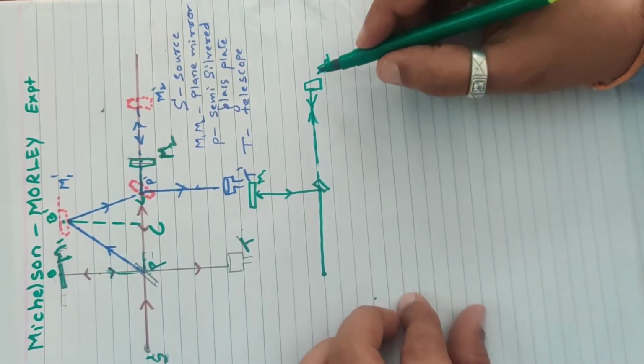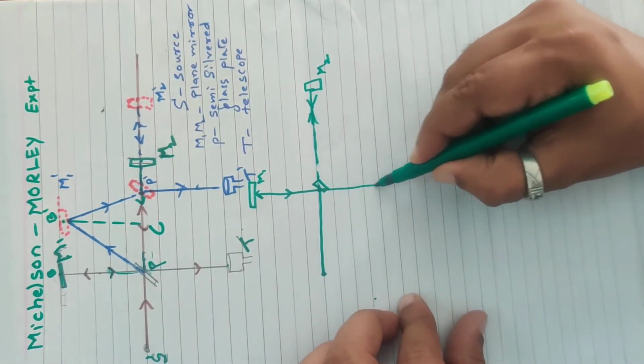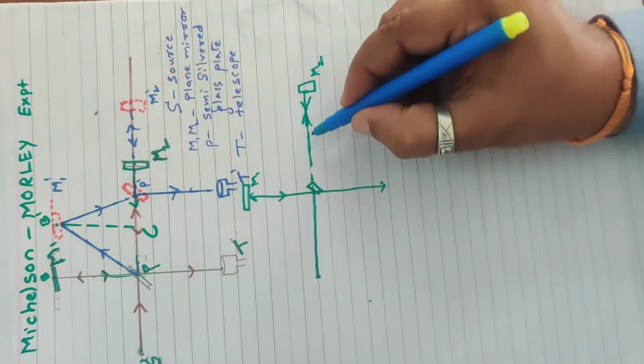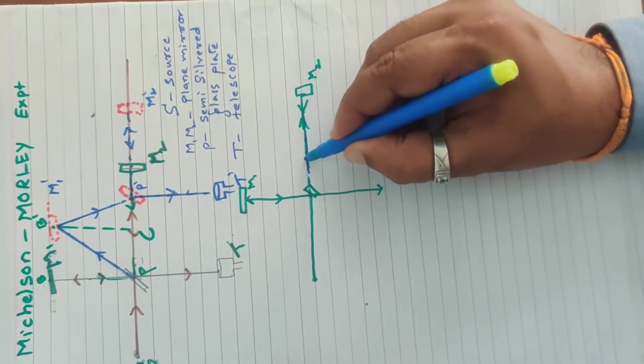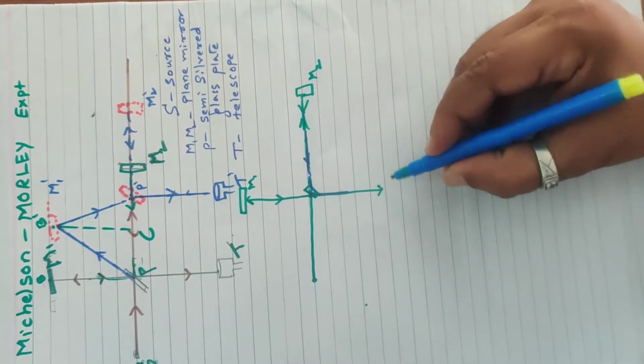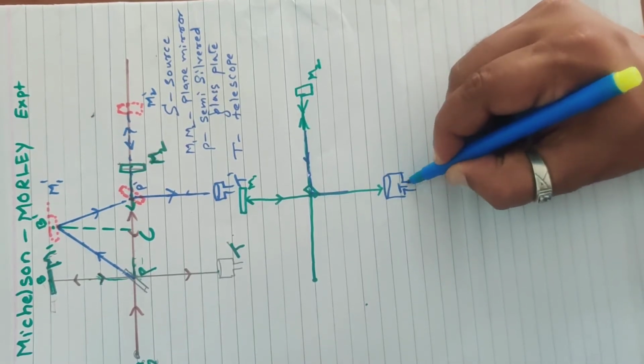This is how the process is done. The reflected light from M1 is made here, and the light reflected from the mirror M2 comes here. So this is the telescope setup we have done.